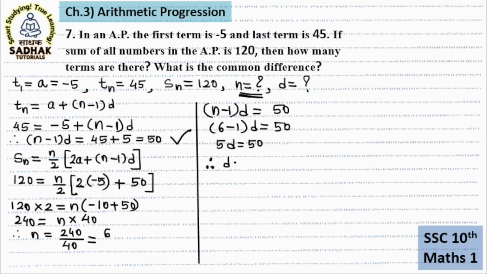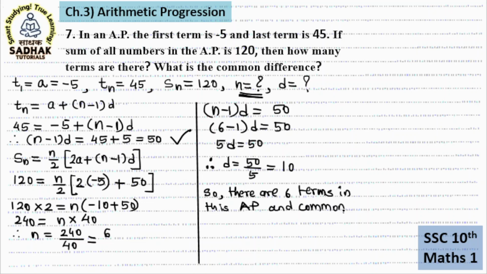Therefore d will be 50 divided by 5, that will be 10. So we got our answers. There are 6 terms in this AP, and the common difference is 10. That will be our answer.